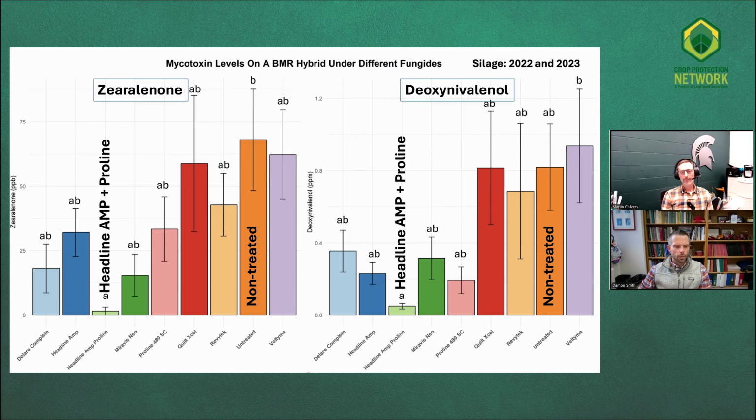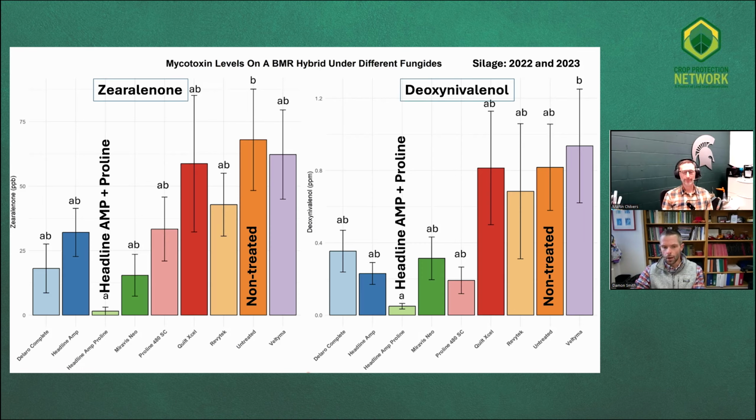We've seen similar things with Headline AMP where we've had the higher rate of Headline AMP. We haven't spiked with Proline, but used the top end rate, and we get some decent suppression of deoxynivalenol, which is interesting because that metconazole is paired with a strobilurin, right?